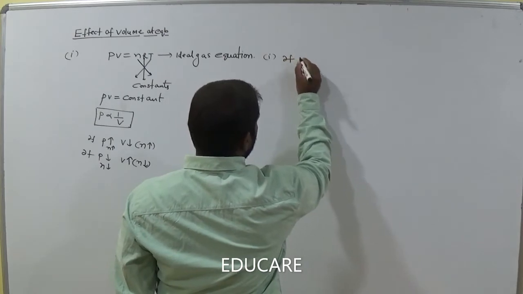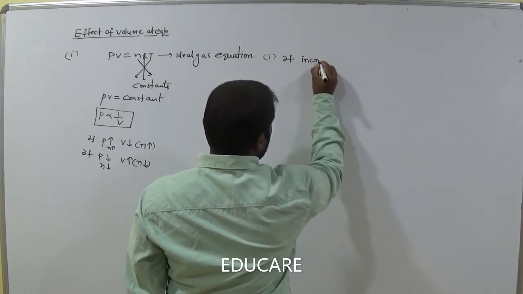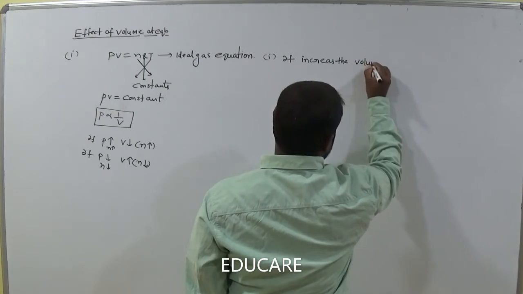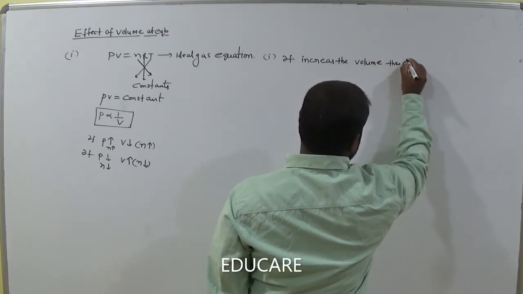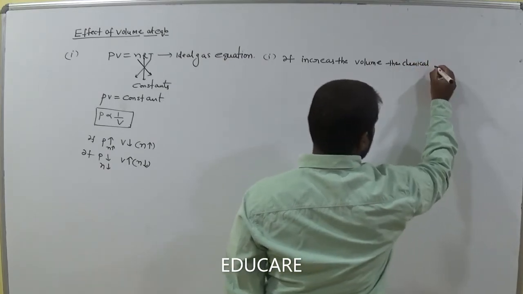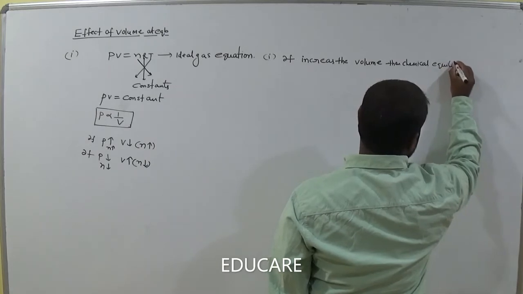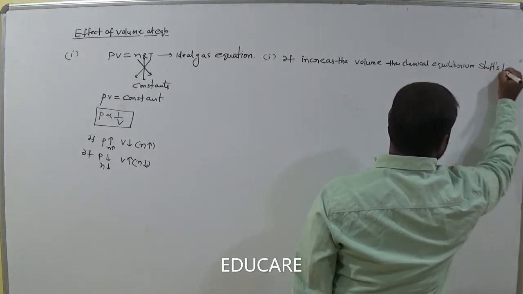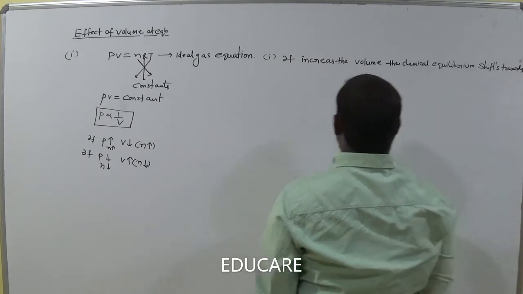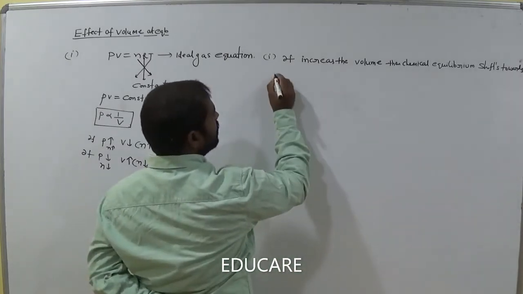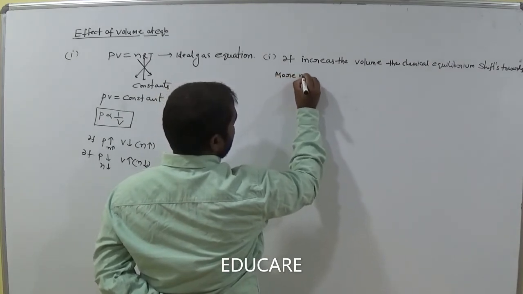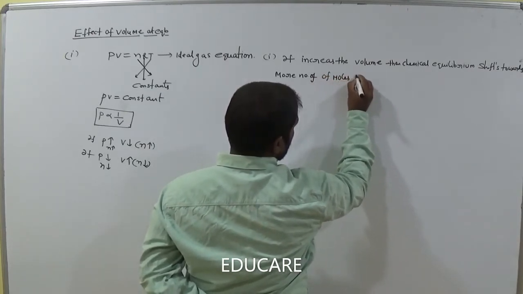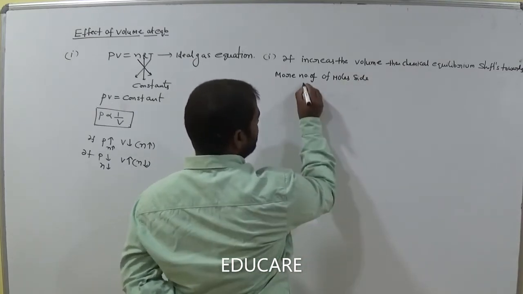The statement is, if we increase the volume, the chemical equilibrium shifts towards the more number of moles side.